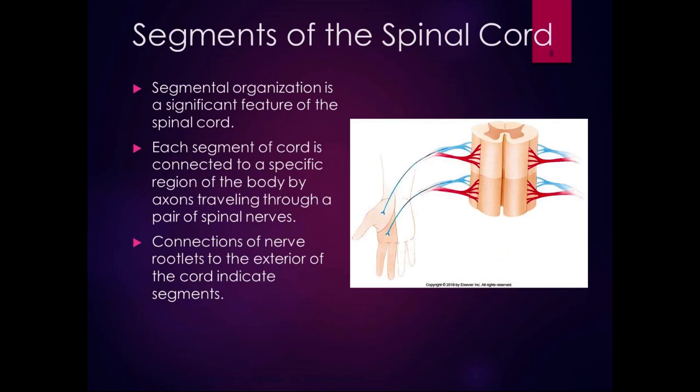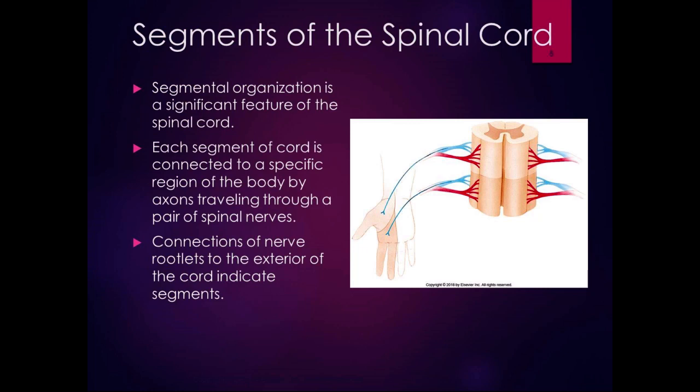So segmental organization is a significant feature of the spinal cord. Each segment of the cord is connected to a specific region of the body by axons traveling through a pair of spinal nerves. So the connections of the nerve rootlets to the exterior of the cord indicate the individual segments. It's kind of cool, this little segmental arrangement.